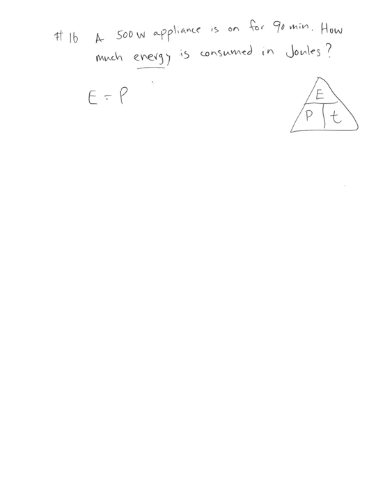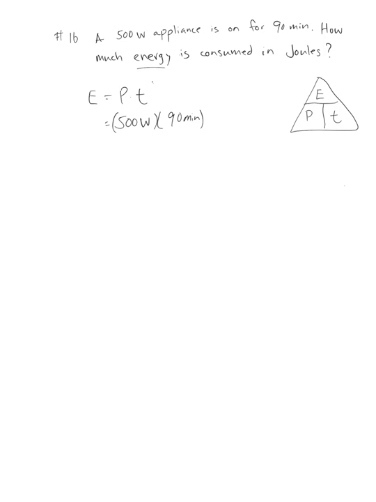Energy equals power times time, and the power is 500 watts, and that is multiplied by the time, which is 90 minutes, but we need to have time in seconds, not in minutes.